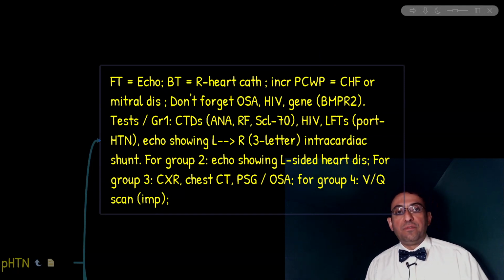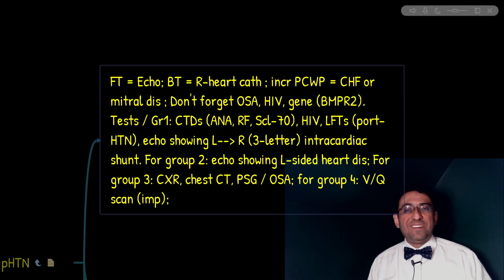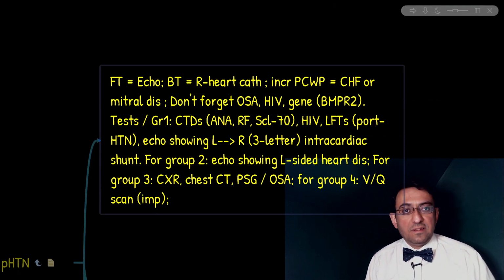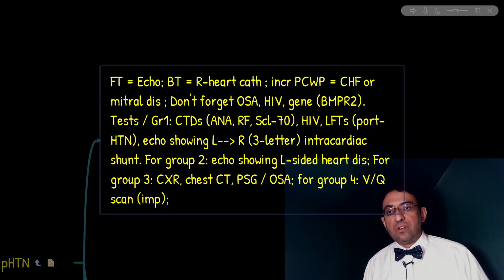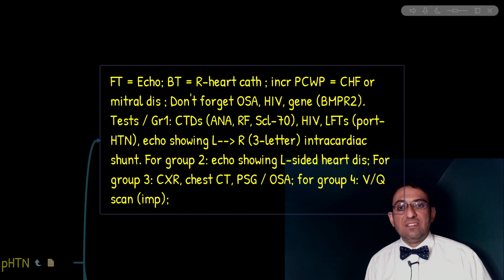The other important finding in ECG is right ventricular strain pattern. Can you describe that? That's presence of repolarization abnormalities on right-sided leads, mainly leads V1 to V3, and repolarization abnormalities include ST depression, but most importantly, T inversion.